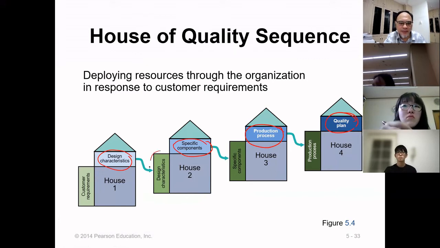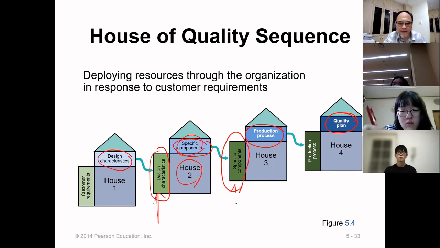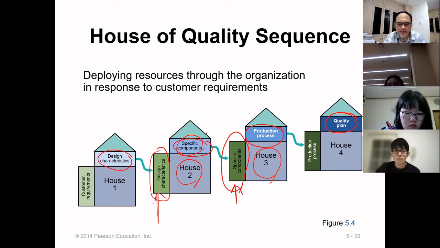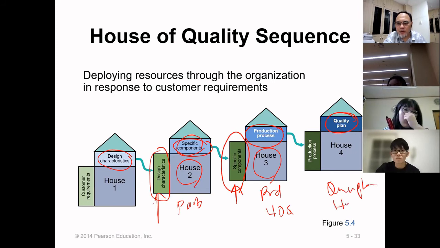So this design becomes the what for the second house. This specific component becomes the what for the third house. Okay, this is the parts house of quality. This is the production process house of quality, and this is the quality plan house of quality. Okay, so it is deploy resources throughout the organization to respond to customer requirements.